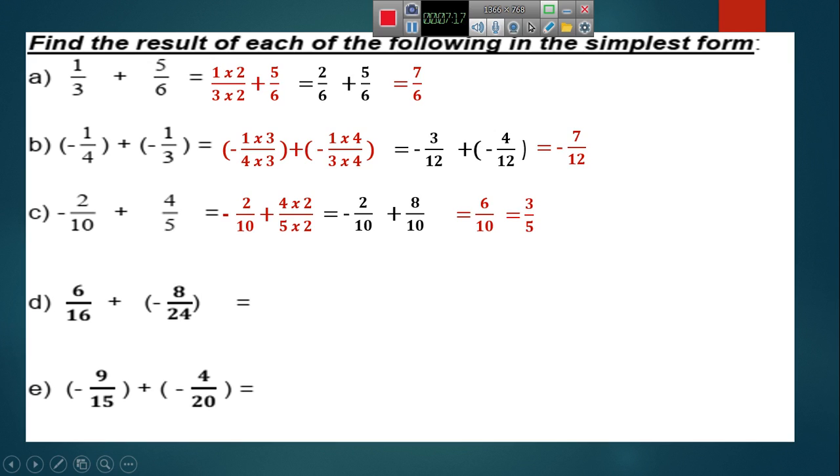Question D, 6 over 16 plus negative 8 over 24. Let's simplify each one.